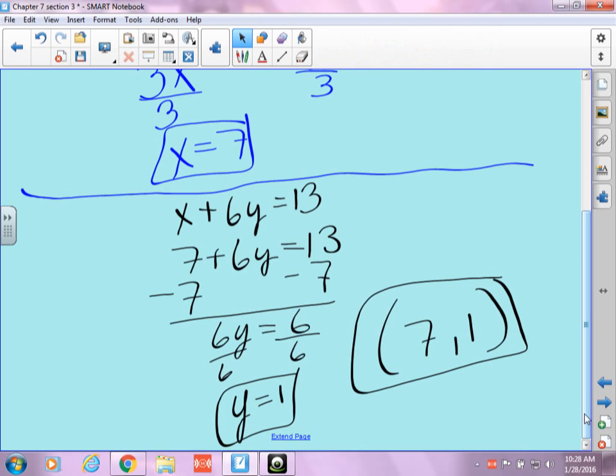They really do. Yesterday when we did substitution, sometimes when you're solving for a variable, you're getting yucky fractions. You shouldn't be getting yucky fractions. It should come out nice and clean and pretty easy. Same with elimination. If you get something really yucky, you probably did something wrong. Probably.